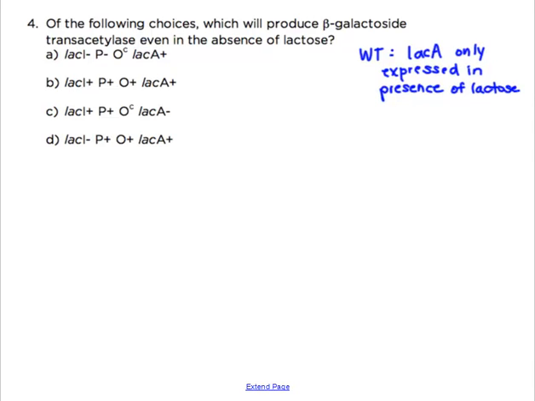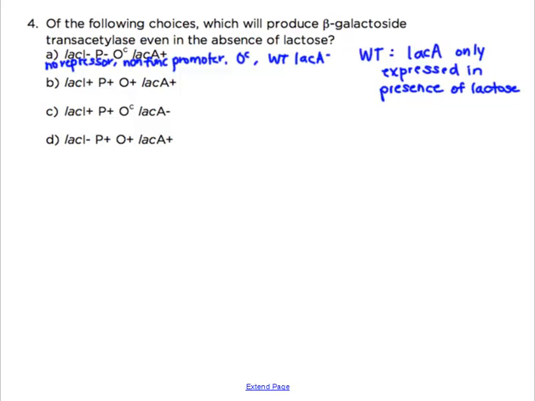So part A, this genotype has LAC-I minus, so no repressor protein. So far that bodes well for the phenotype we're looking for. It has a non-functional promoter, a constitutive operator, which means that that operator cannot bind repressor even if there was one, and a wild type LAC-A.